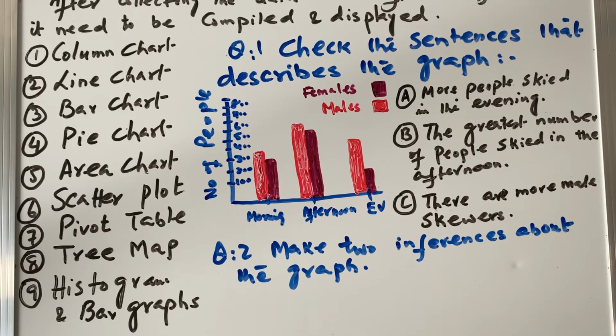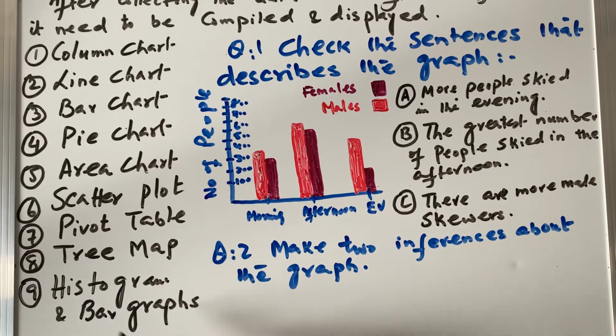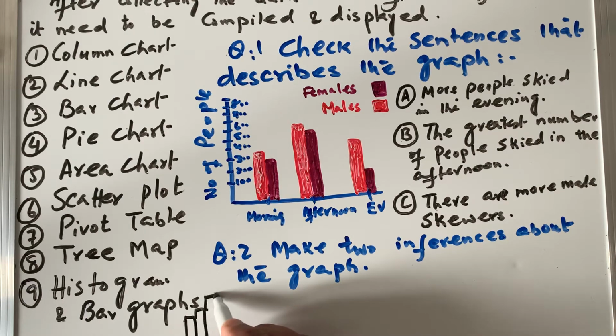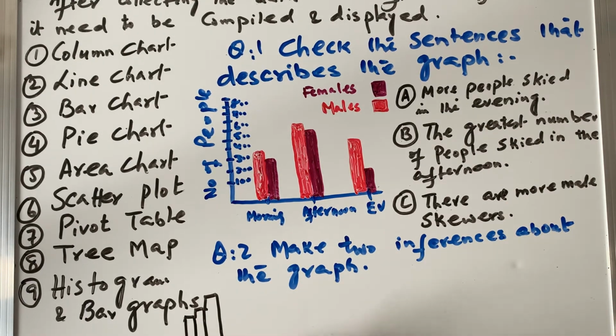And then what is the difference between histogram and bar graph? So there's a little difference, right? When we say histogram, if we see the gaps between the bars, both are shown by bars like this. If there is no gap between the bars, and the bars are adjacent to each other, no gaps at all, that means it is a histogram.